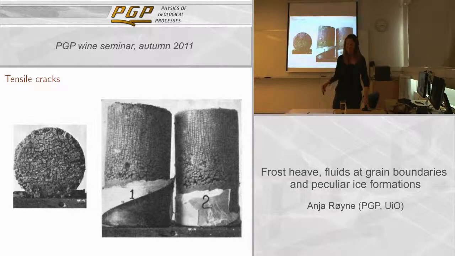So what he concluded from his papers was that there's some mechanism that draws water from below up to the freezing site. So he said that this must show that there's some film of liquid water between the ice and the matrix.